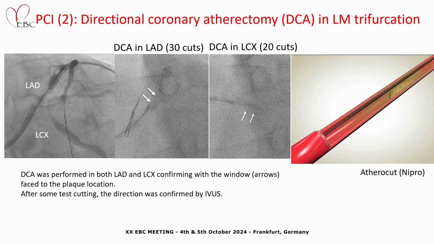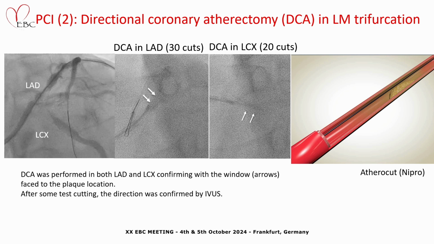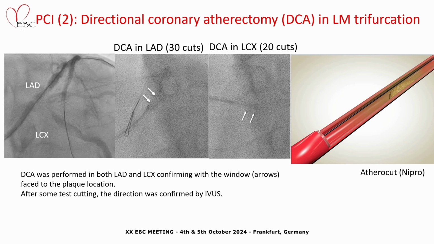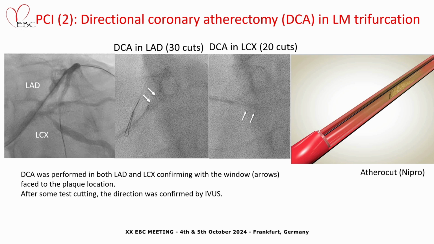Here you can see there is a tight region in the proximal LAD and LCX, and the lesion is located on the contralateral side of both branches. So up to this procedure, we had spent 4 stents for the 2 CTO PCIs. So we decided to treat this region with a stent-free strategy.